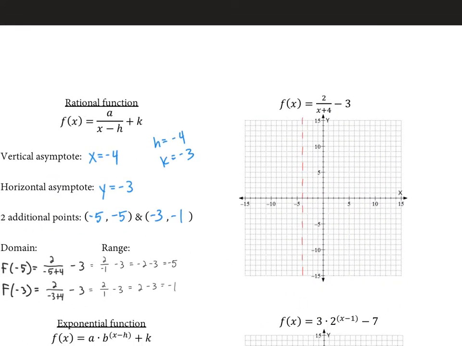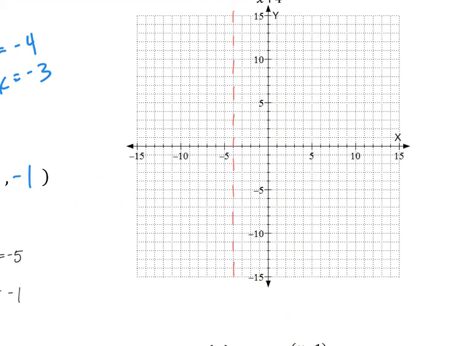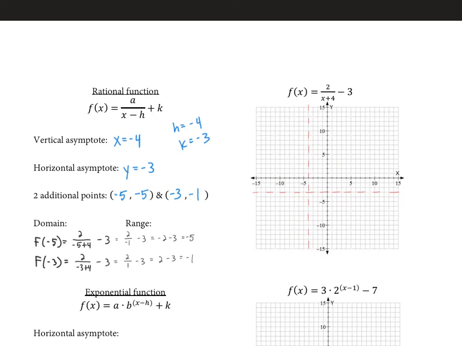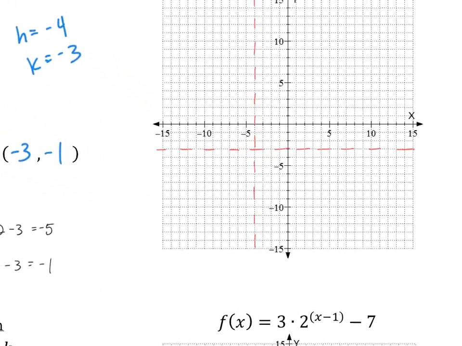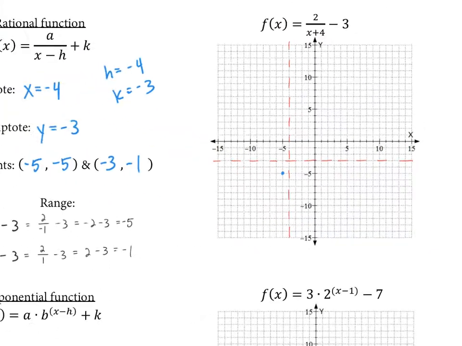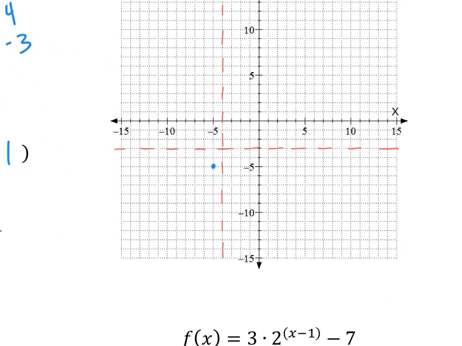And then y equals -3. Okay, we'll plot the 2 points, -5, -5, -3, -1.